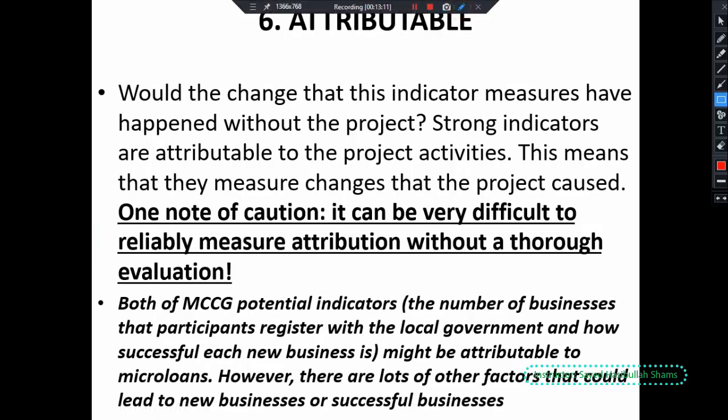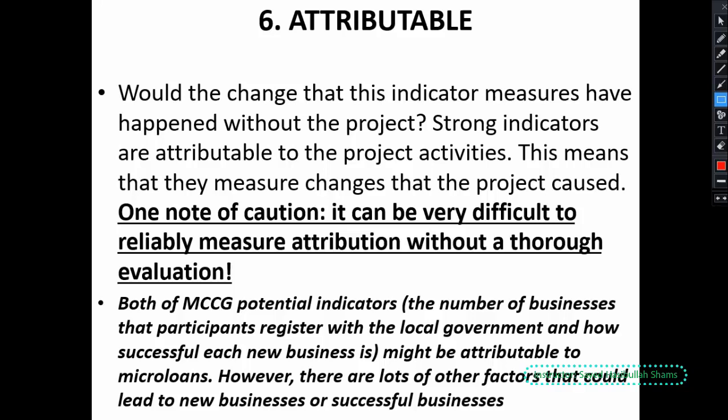Attributable means that we can measure the attribution of one indicator through evaluation. So this has probability. In attribution, we use "maybe", because it needs research.